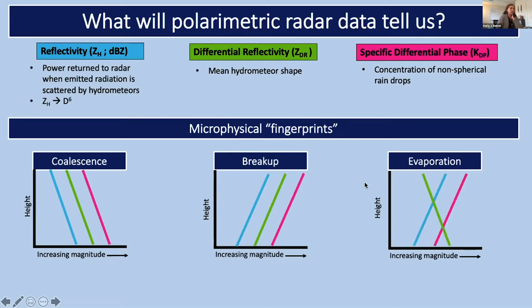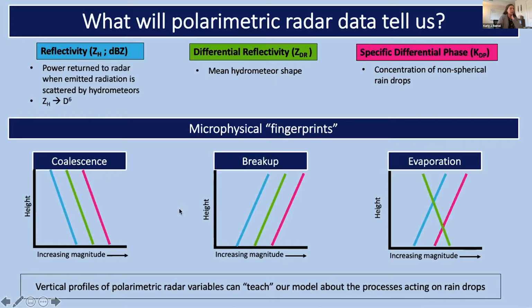And for evaporation, we would expect to see a decrease in ZH and KDP as droplets evaporate. But because small droplets evaporate first, we would actually see an increase in the mean hydrometeor size, which would lead to an increase in ZDR. So these combinations of observations can provide us microphysical fingerprints that we can use to teach our model about the processes acting on our raindrops.